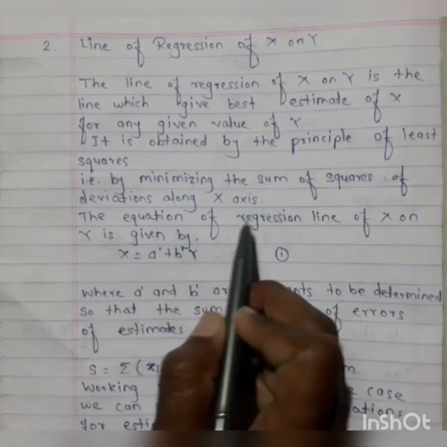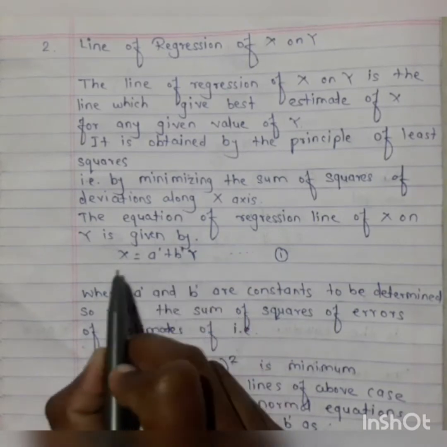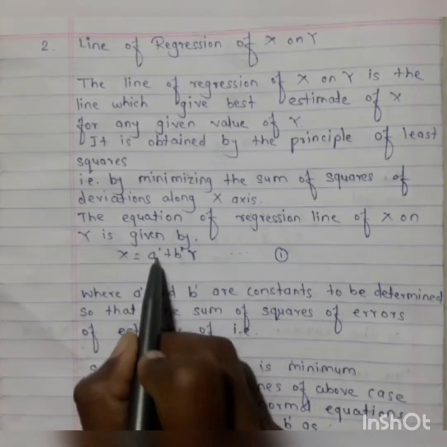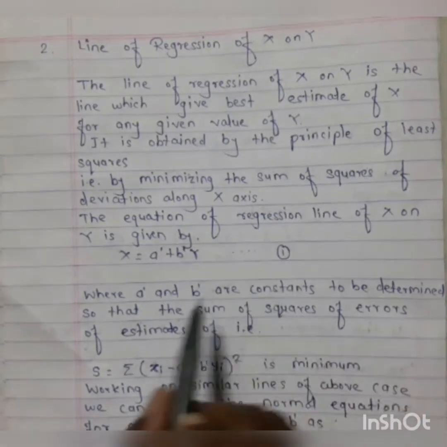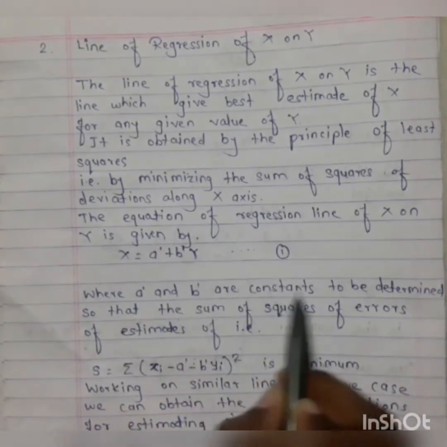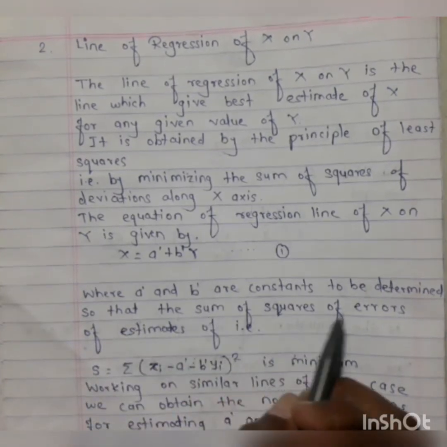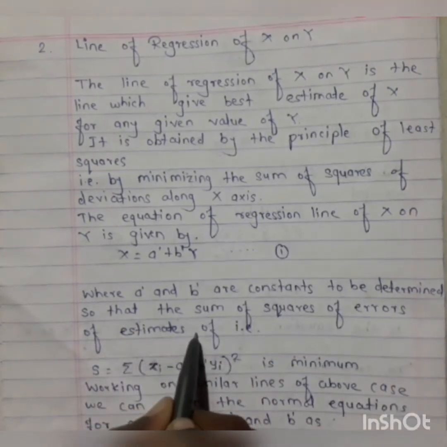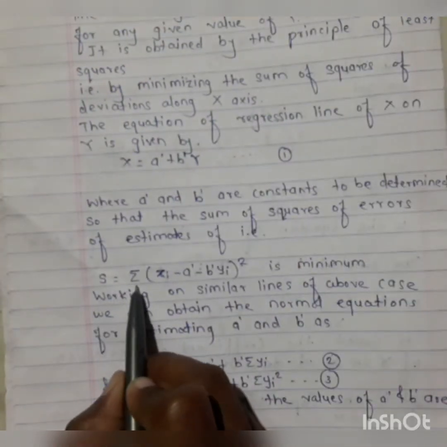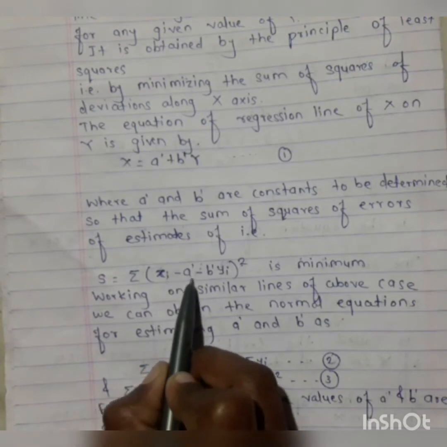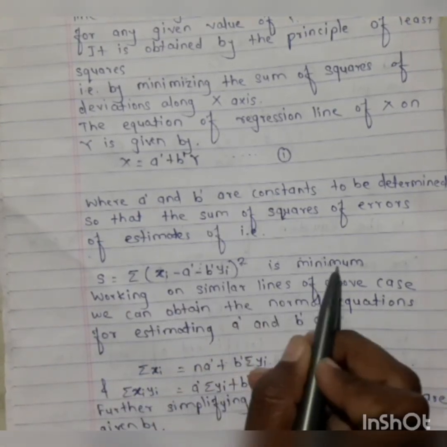The equation of the regression line of capital X on capital Y is given by capital X is equal to a dash plus b dash capital Y. This is equation number 1, where a dash and b dash are constants to be determined so that the sum of squares of errors of estimates, that is, S is equal to summation (xi minus a dash minus b dash into yi) whole square, is minimum.